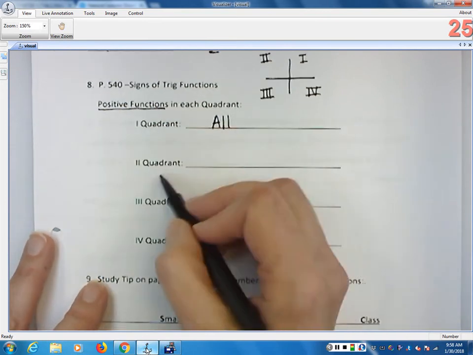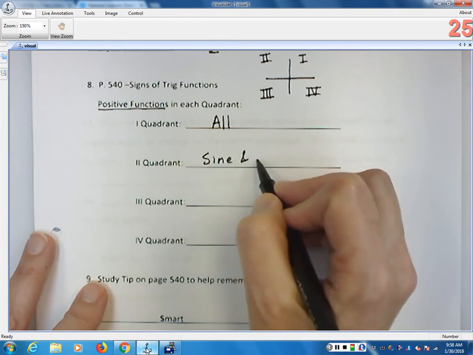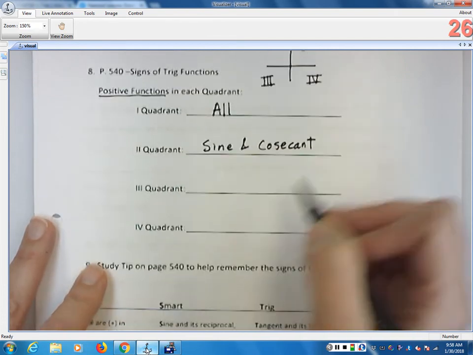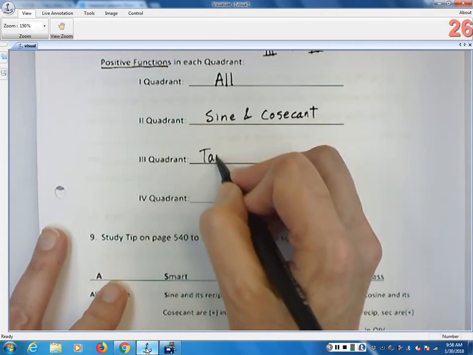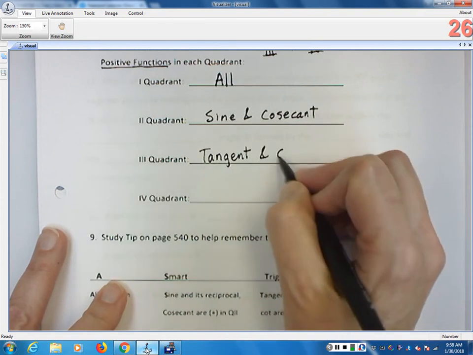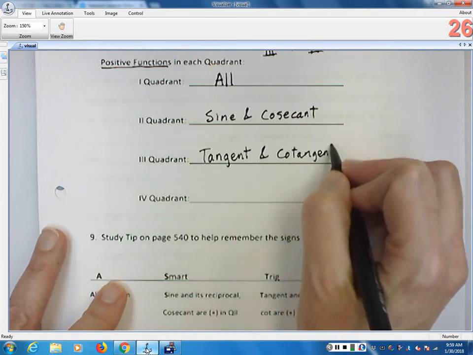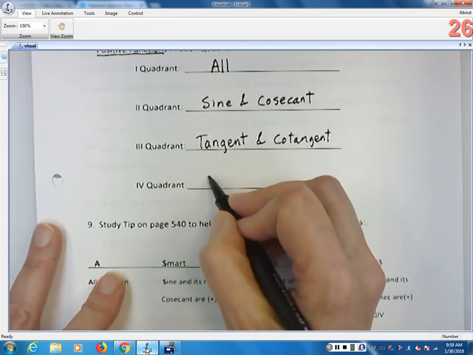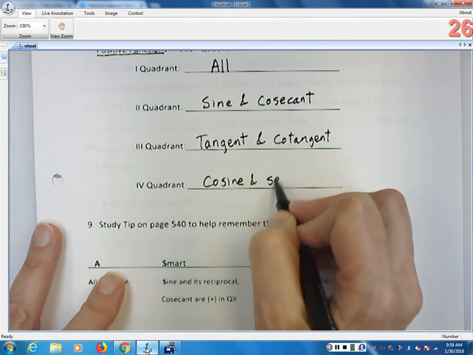In quadrant 2, sine and cosecant are positive. In quadrant 3, tangent and cotangent are positive, the rest are negative. In quadrant 4, cosine and secant are positive.